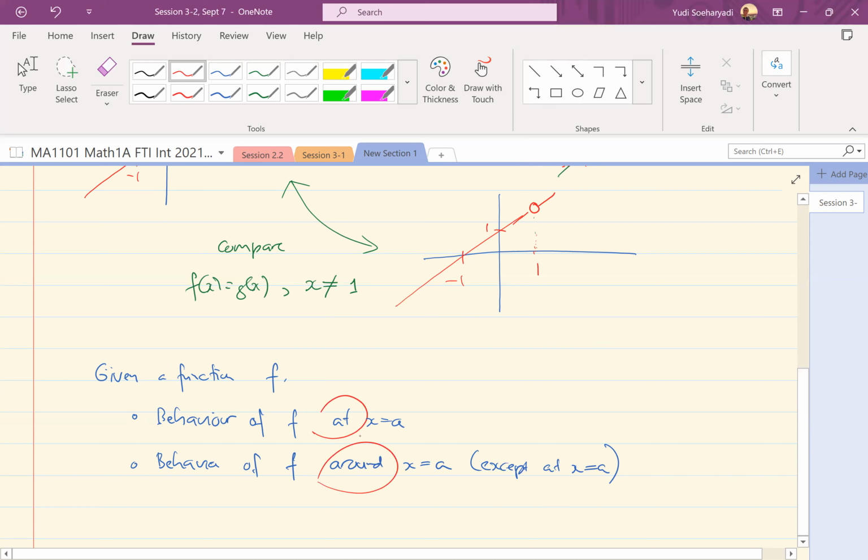At means at a certain point. Okay, so exactly at the point x equals a, and this is around. So just except at x equals a itself. So just near x equals a.